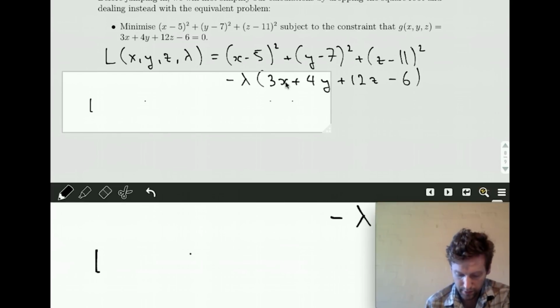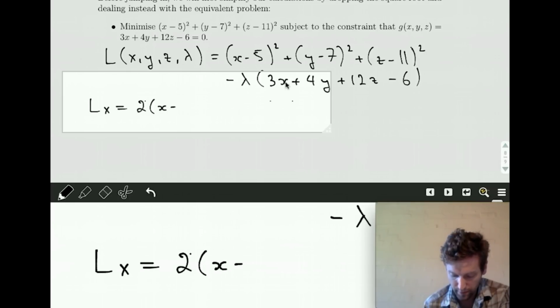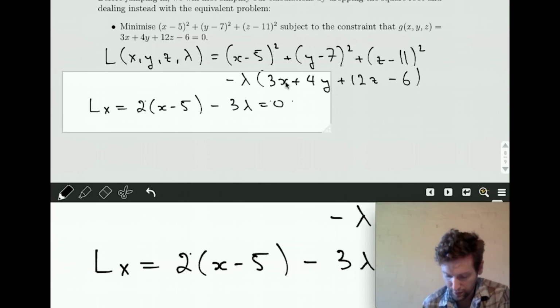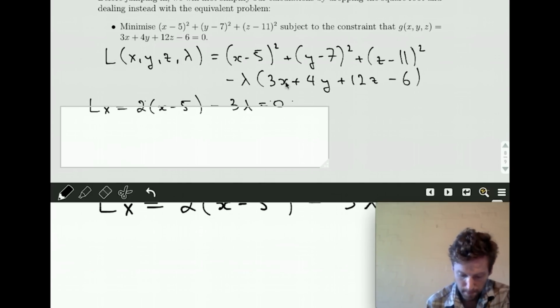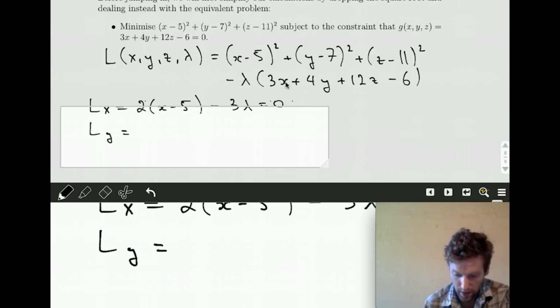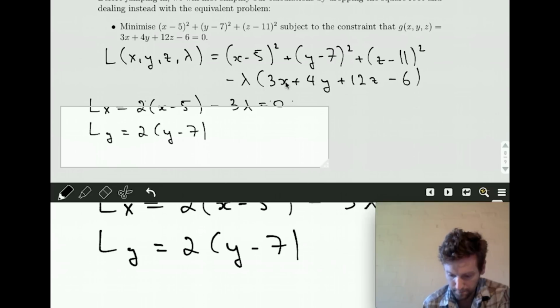Start taking derivatives. Partial derivative with respect to x is going to be 2 times x minus 5 minus 3 lambda is equal to 0. Derivative with respect to y is going to be 2 times y minus 7 minus 4 lambda is equal to 0.